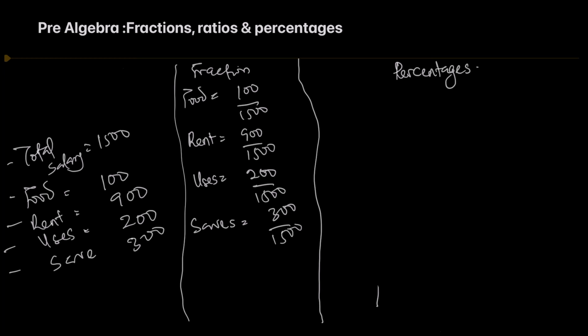Now you have 100. So for food, now we're converting food to a percentage. So basically we'll take each and every one. Food. So here now we can see, right?